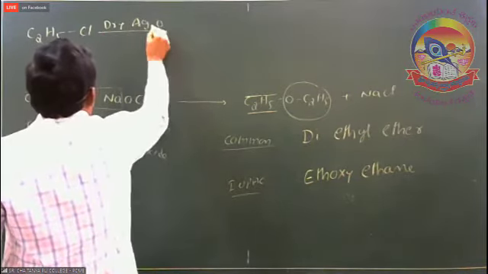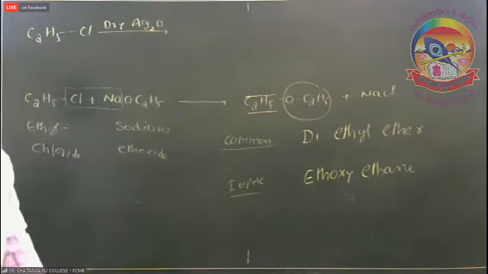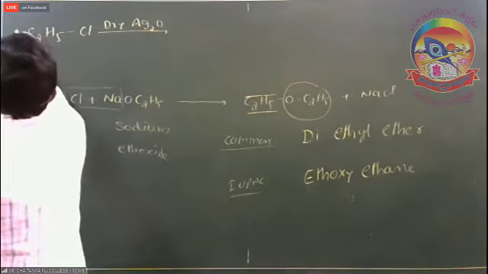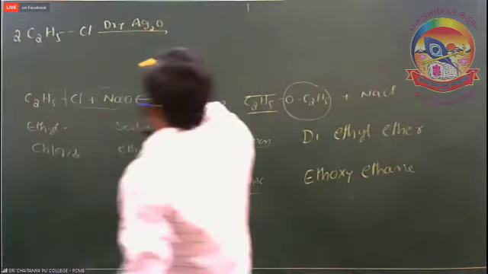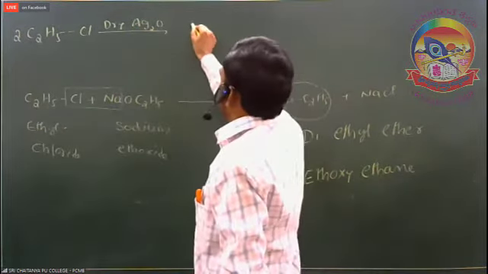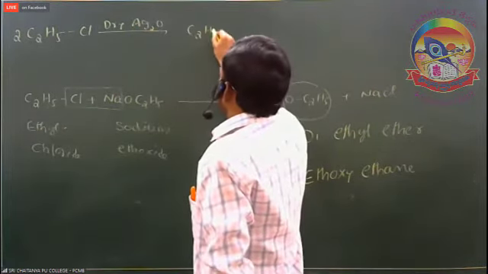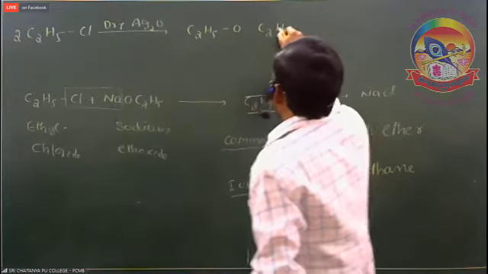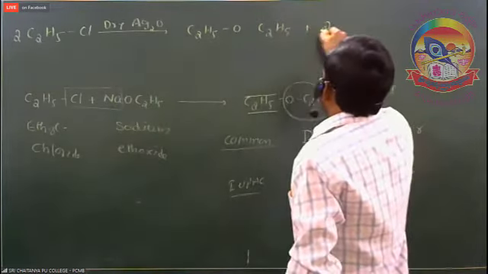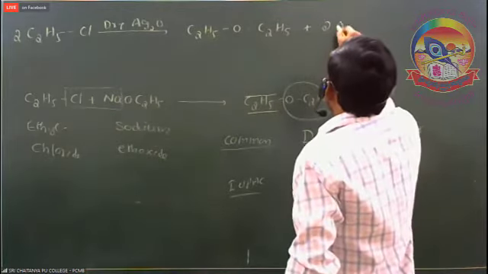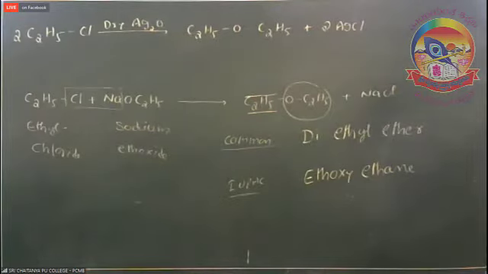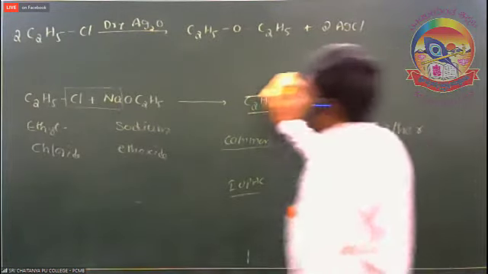If you take moist silver oxide, it gives ethyl alcohol. If you take dry silver oxide in this reaction, 2 moles of ethyl chloride are involved. Here also diethyl ether, C2H5OC2H5, is formed, and the byproduct is 2 moles of AgCl.